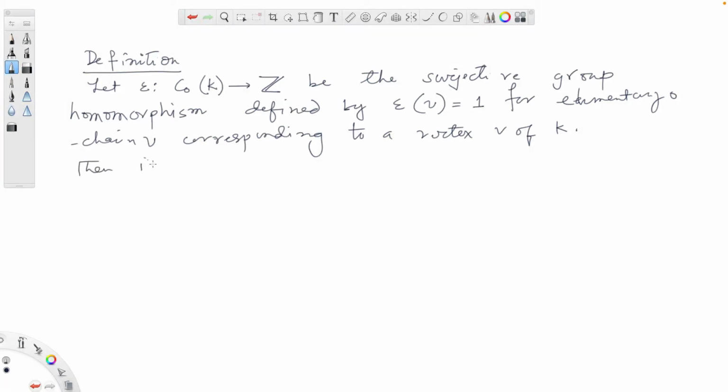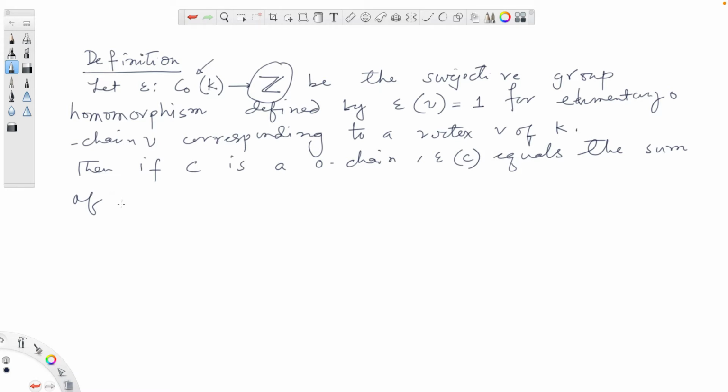Then, if C is an arbitrary zero chain, epsilon of C equals the sum of the values of C on the vertices of K. Right.